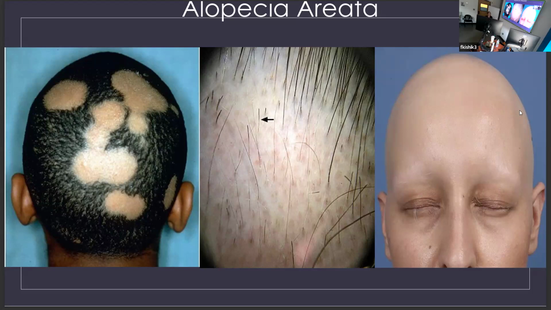All right. Now, with alopecia areata, typically this is non-scarring. Your patient is going to get their hair back. All right. There's a couple of circumstances where that may not be true. If your patient hasn't had hair growth back in 2 years' time, likely they're not getting it back.